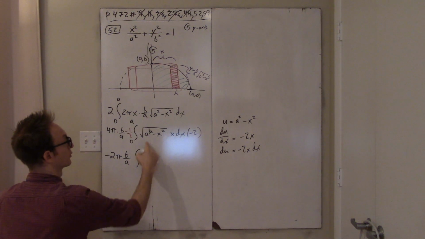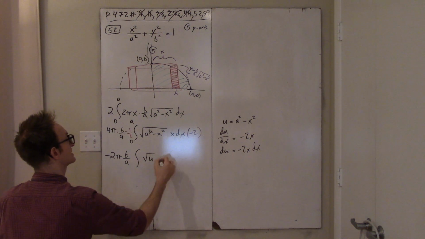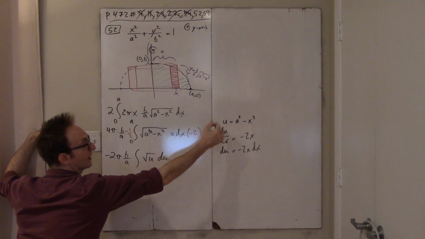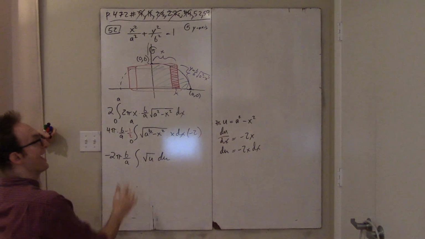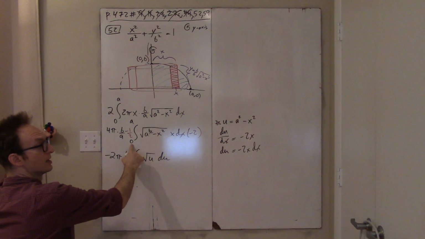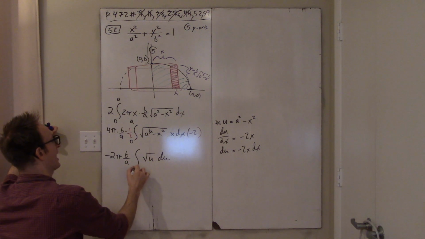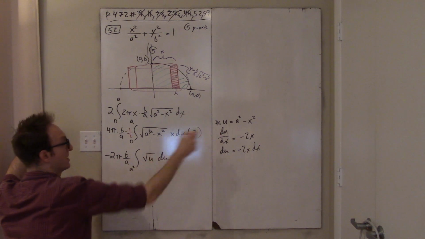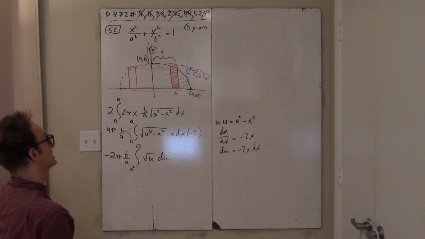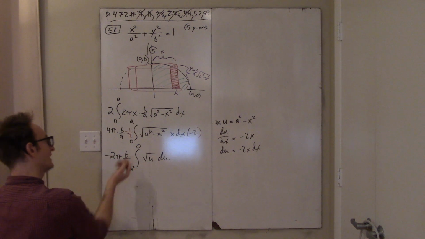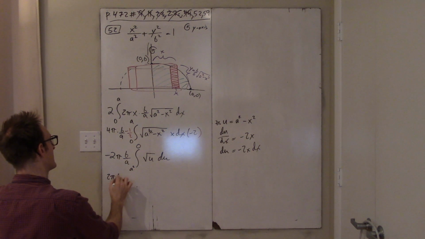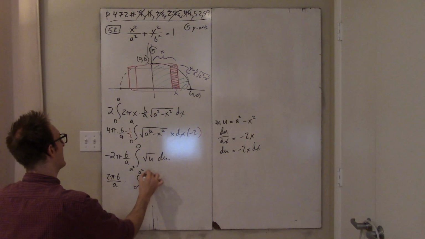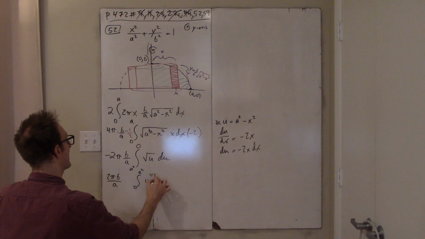That is then just root u, and that's du, that was the whole point. But then looking over here, when x is 0, u is a squared, and when x is a, u is 0. So, one last time, I shall flip this, so that becomes 2 pi b over a times the integral from 0 to a squared of u to the 1/2 du.